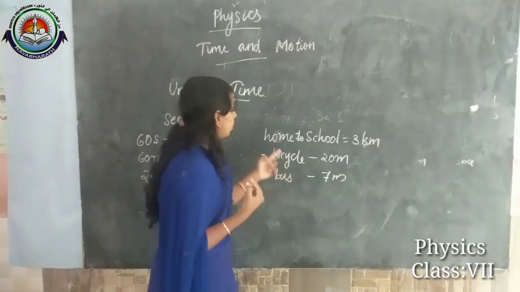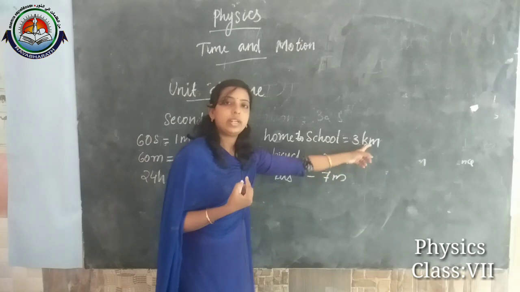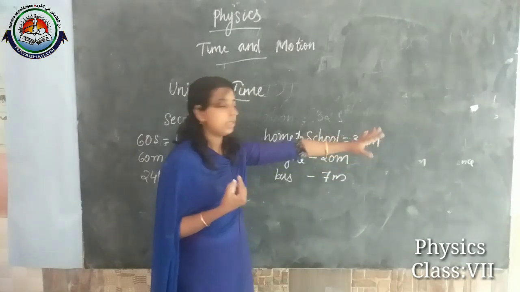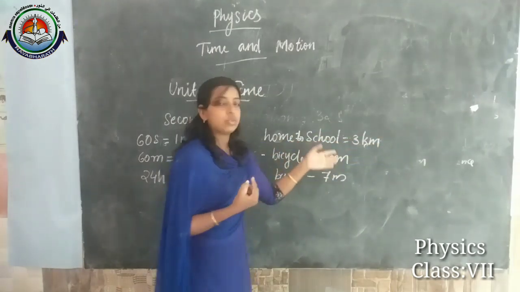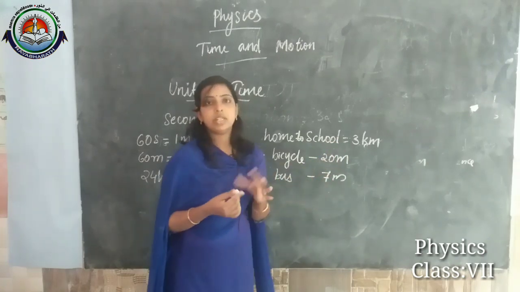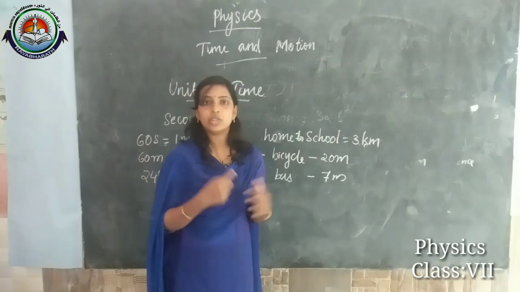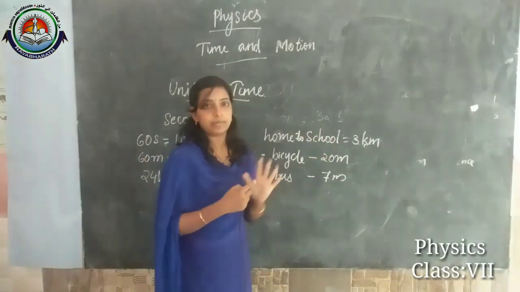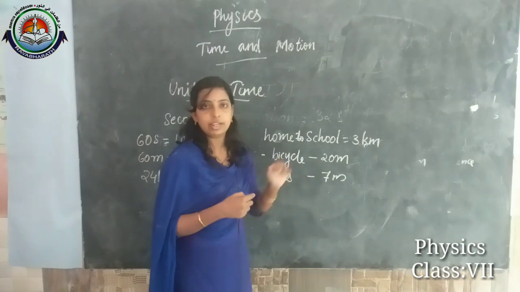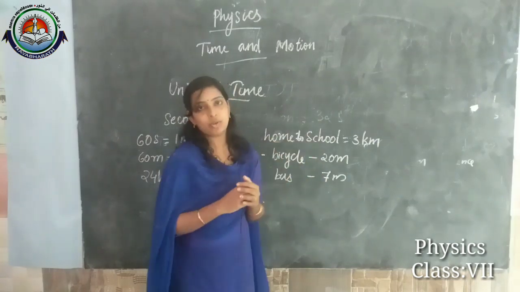So see both cases: from your home to school it is only 3 km. By bicycle it takes 15 or 20 minutes, but by bus you reach school within 7 minutes. In both cases the distance is the same, but the time is different. This is slow and fast motion.